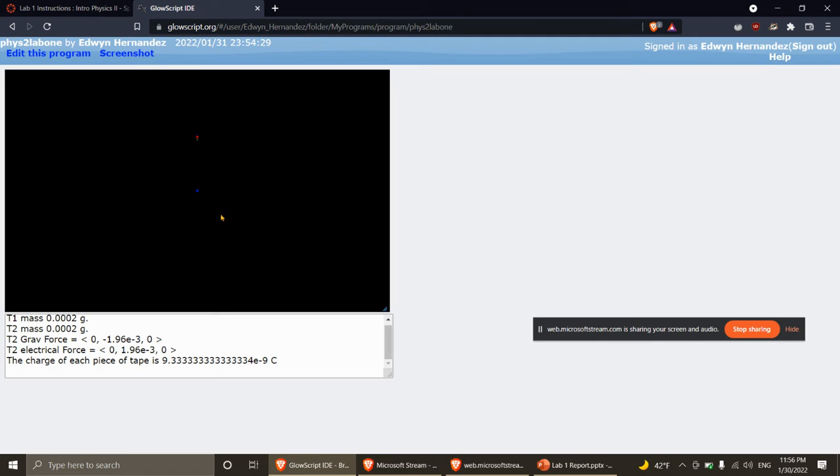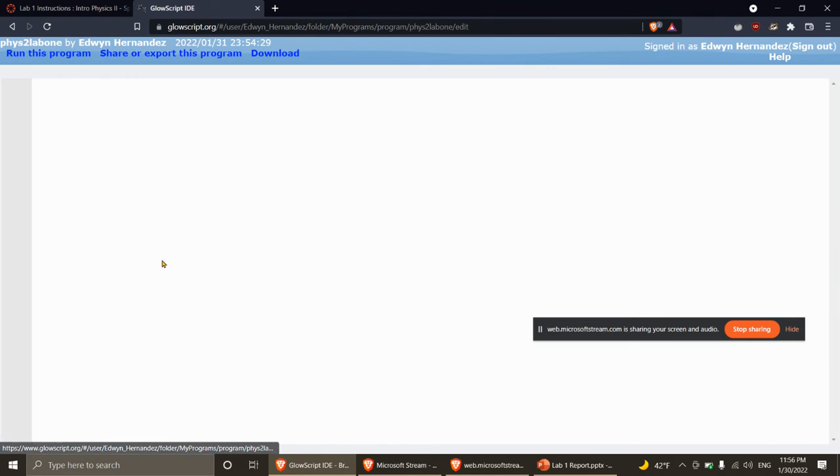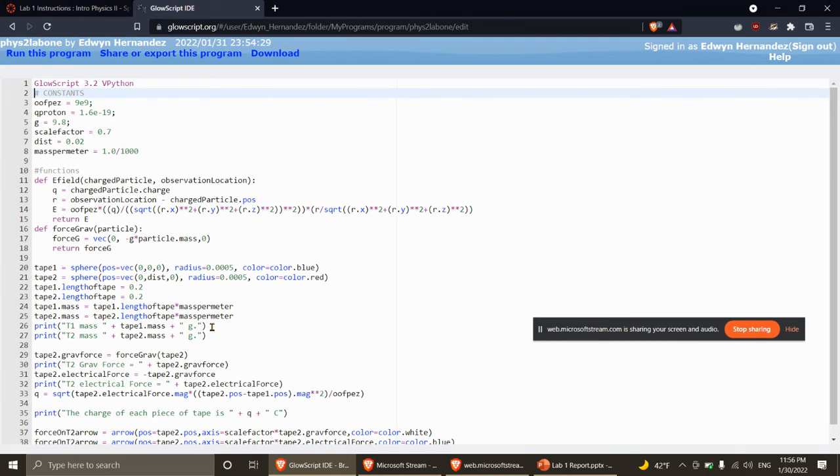No, that's tape 1, and tape 2 is this one, which you can see has its arrows up top. It has a top arrow, which is pointing from the electric force, and the bottom is the gravitational force. And we have our charge, which for me came out to 9.33334 times 10 to the negative 9 coulombs, which is very off.